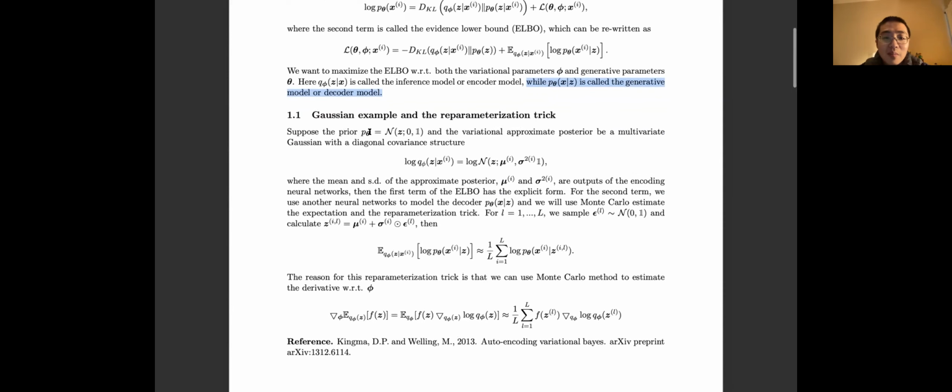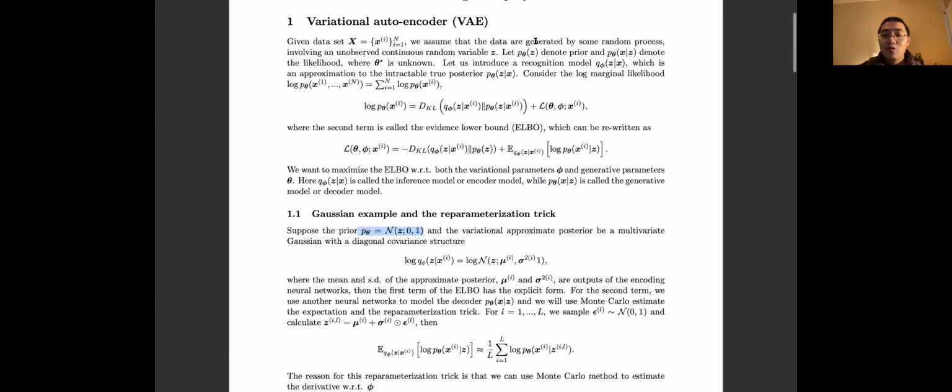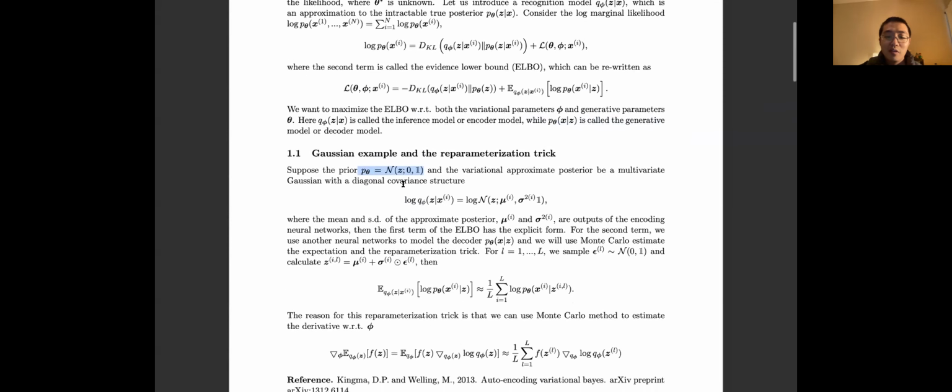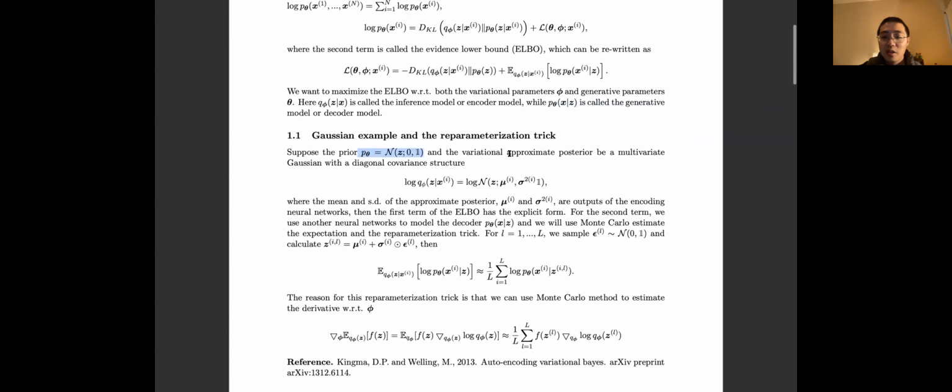So first, suppose the prior is this one, the standard normal distribution. The true prior we won't know, but usually we will assume it's a standard normal distribution. And we assume that the variational approximation, that is the inference model, or encoder model, has a multivariate Gaussian form.